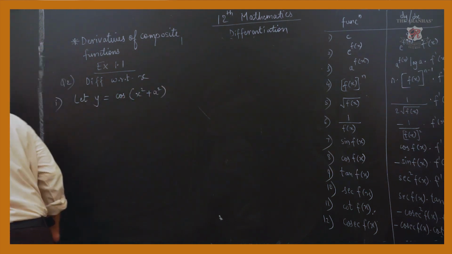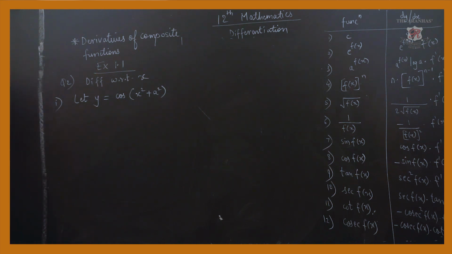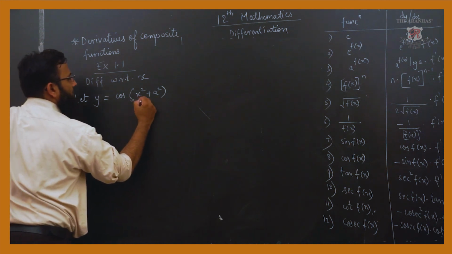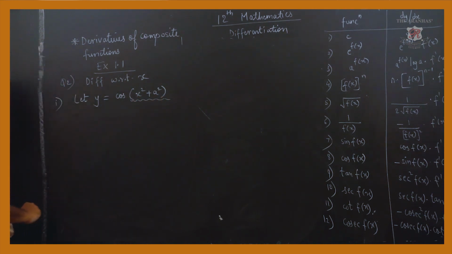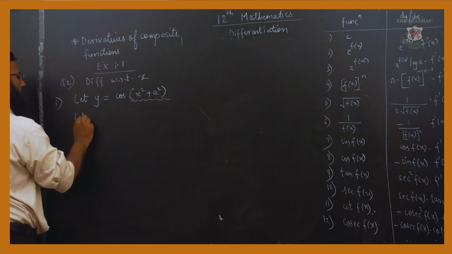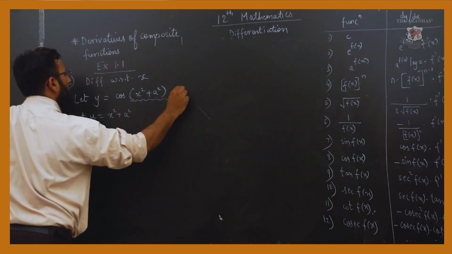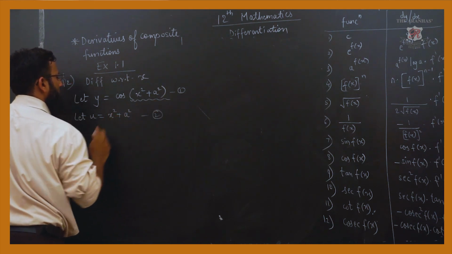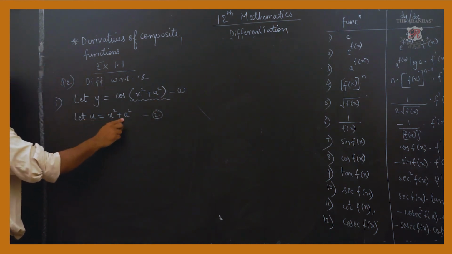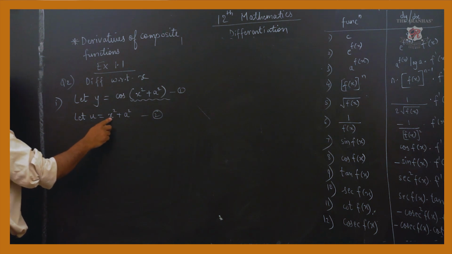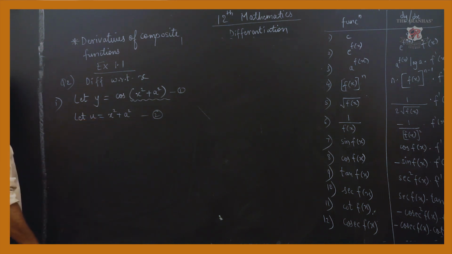Now just for a change I will again do it by the theorem method. In this case the whole thing I will assume as u. So let u is equal to x square plus a square. I will call this equation 1 and this equation 2. If you see, a is a constant, some arbitrary constant, but x and u are differentiable.